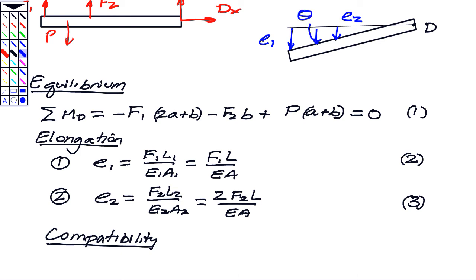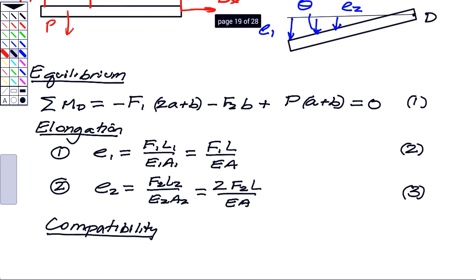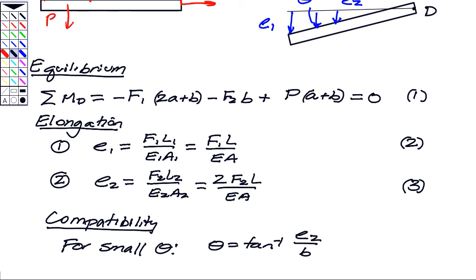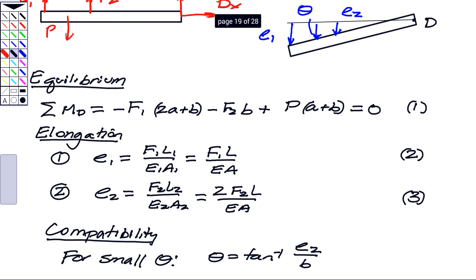So from our figure, for small theta, theta here is the inverse tan of e2 over b. e2, again, is the deformation there at B. The distance from D to B is lowercase b.